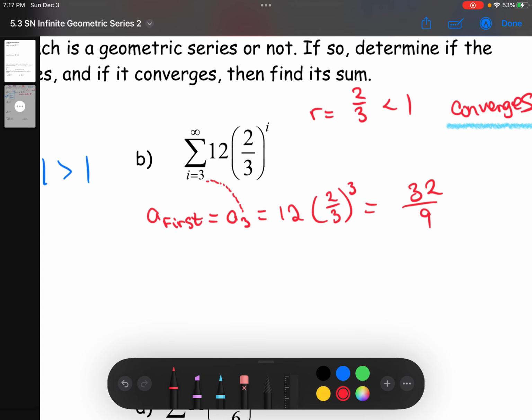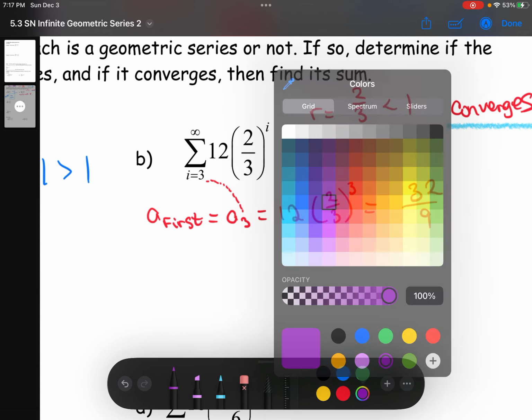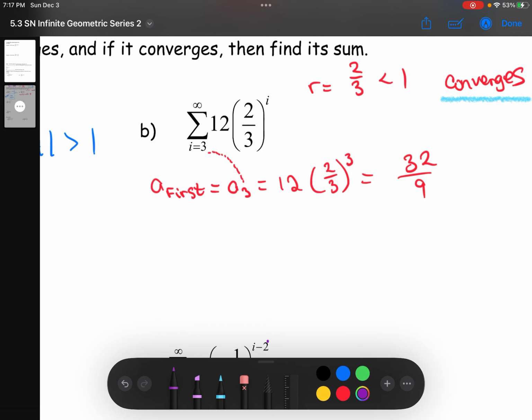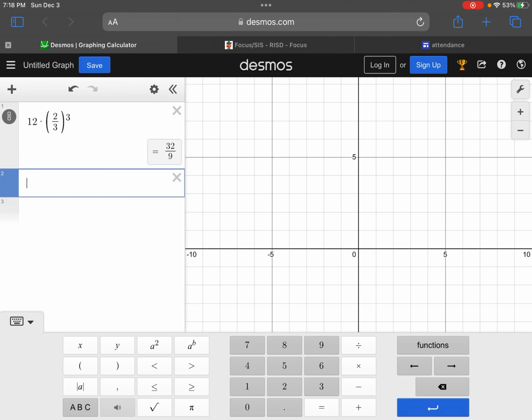And now we can work on finding the sum. Okay, the sum here, that infinite sum, would be a first, 32/9, divided by 1 minus r, which is 1 minus 2/3. A first divided by 1 minus r. So I'm going to do a big fraction with some other fractions on it.